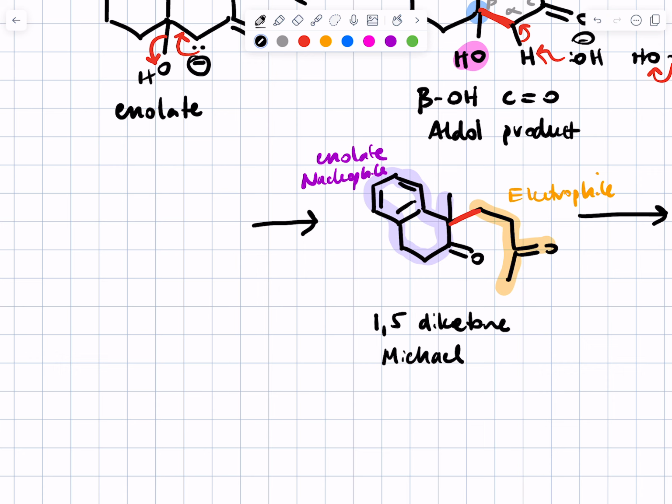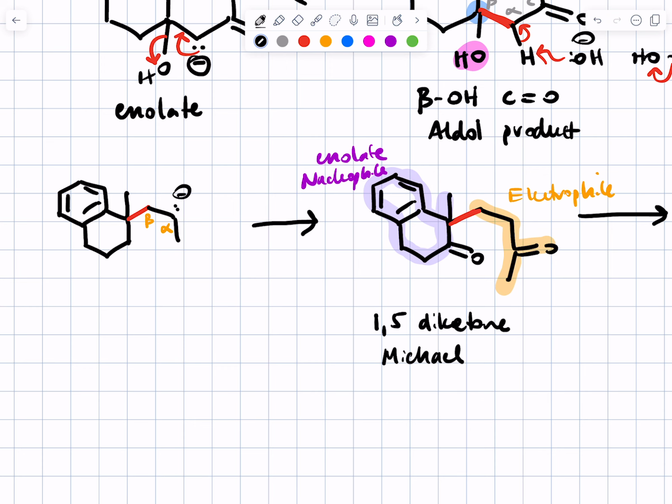Remember, in the Michael reaction, a nucleophile attacks the beta carbon and the negative charge goes on the alpha carbon. So the immediate precursor has got to be this. We'll show the bond in red in place. This is the orange beta carbon. This is the orange alpha carbon.